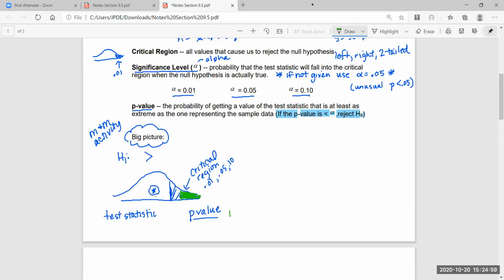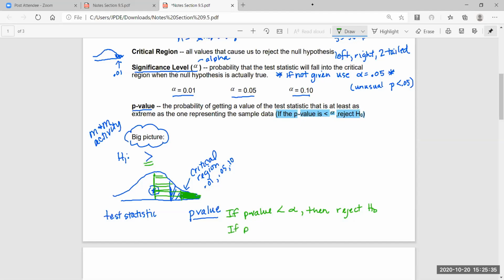That's why if the p-value is less than alpha, alpha again is your 0.01 or your 0.05 or your 0.10, then you reject the null hypothesis. And it would mean, yes, whatever we're looking at is significantly higher. If it were here, can you see that that area would be bigger than the critical region?